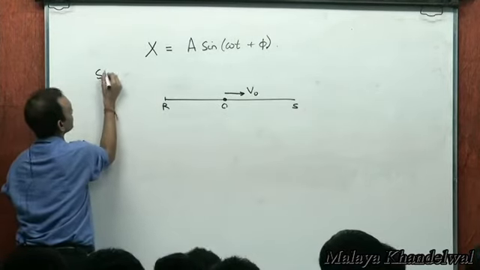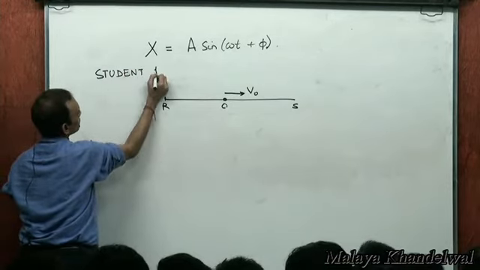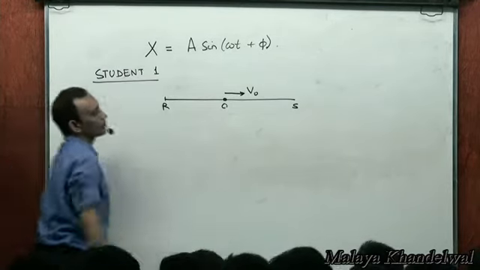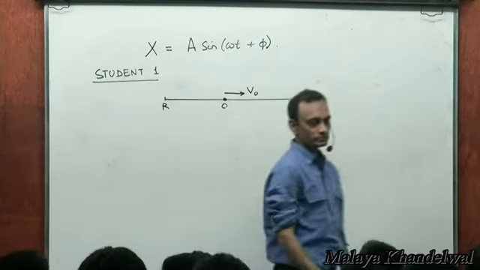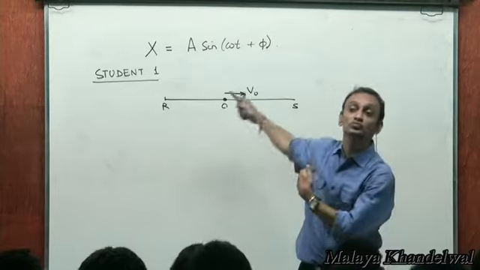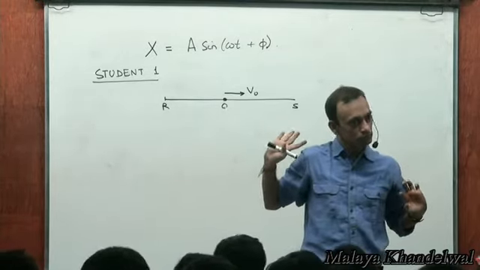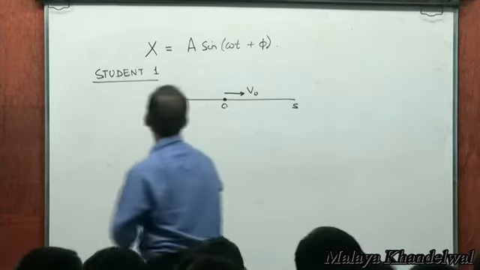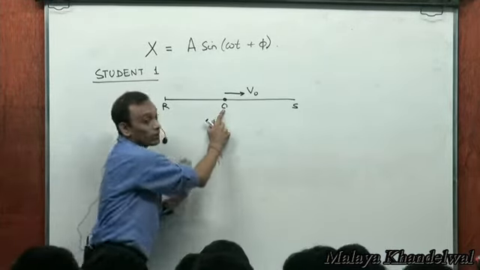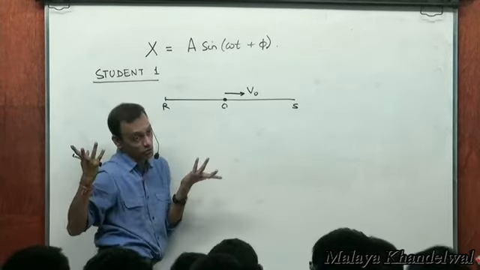Student 1. And he was entrusted the responsibility to calculate the value of phi for this motion. So once he starts observing, he would call the instant of time when he starts to observe as t equal to 0, isn't it?